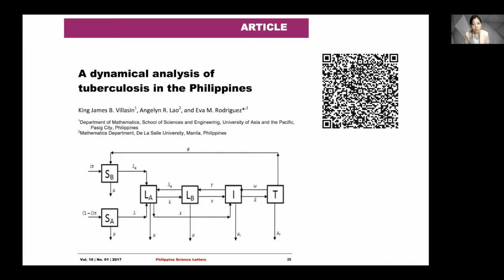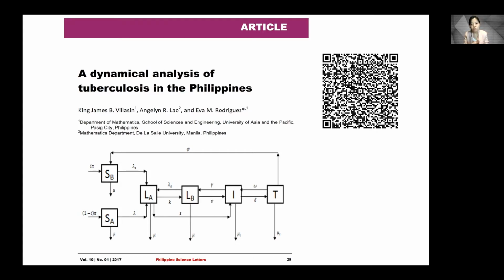In this study, we obtained a disease-free equilibrium, like what I discussed earlier, and we found that it is actually unstable at the given disease-free equilibrium. This implies that a continued challenge to control tuberculosis in the Philippines is very important. And the population is assumed here in this compartment.